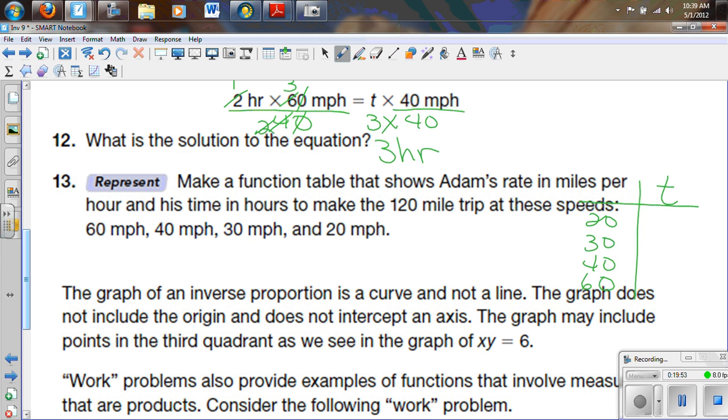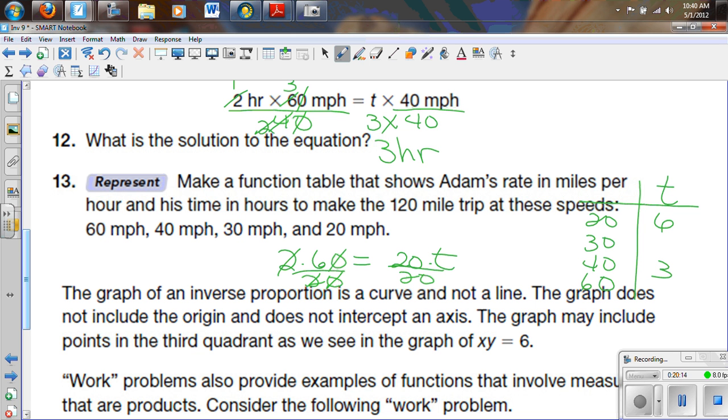At 20 miles per hour, 2 times 60 equals 20 times t. We're going to divide both sides by 20, and we're going to get 6 hours. We already did this one up here for 40. That's going to be 3 hours.